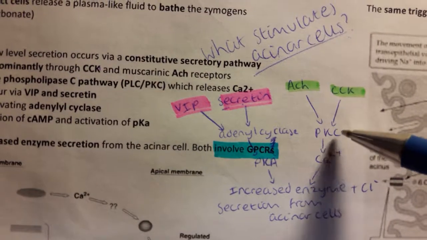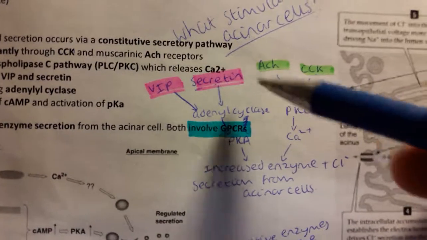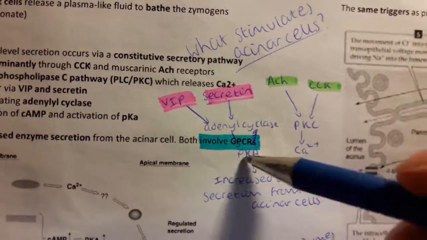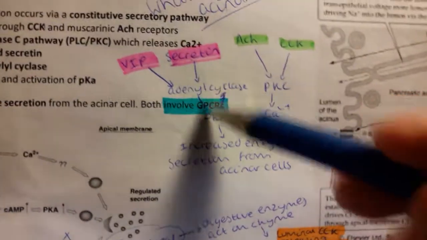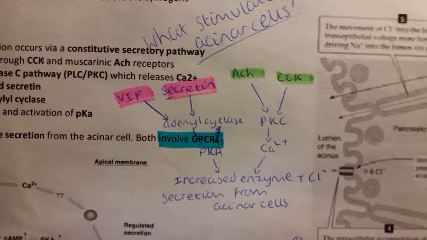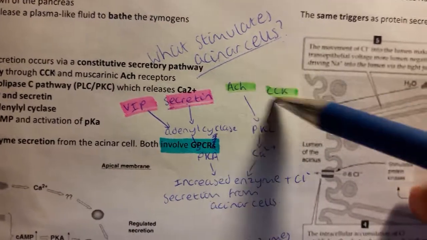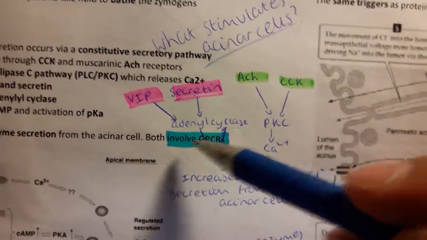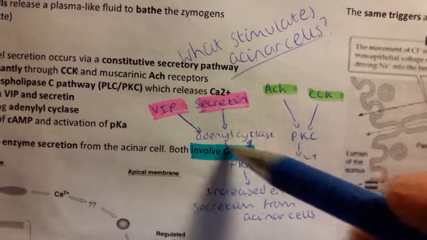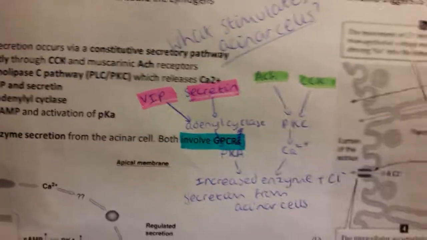Not the PKC pathway, they activate the adenyl cyclase PKA pathway, which is less predominant. The PKC pathway is the predominant method, and this is the secondary method, and this also results in increased enzyme and chloride secretion from the acinar cells. Another important thing to note is that when VIP, secretin, acetylcholine and cholecystokinin act on the acinar cells, they involve G protein coupled receptors in order to activate this adenyl cyclase PKA pathway and PKC intracellular calcium pathway.